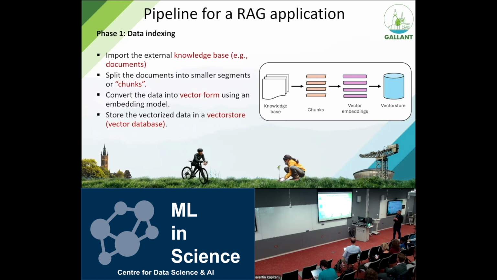These chunks of data are then transformed into vector embeddings using an embedding model. And in the last step, these vector form data are stored in a vector store or a vector database, which allows for efficient storage and quick retrieval.